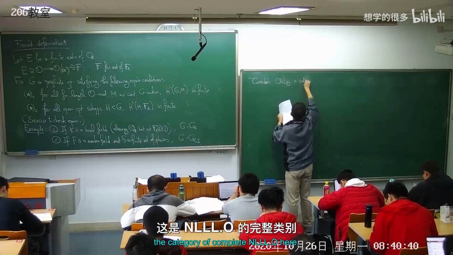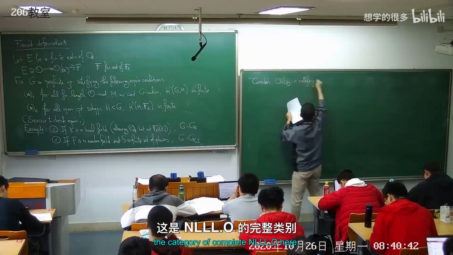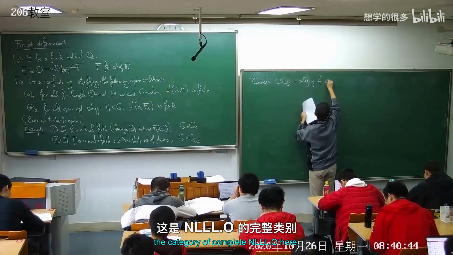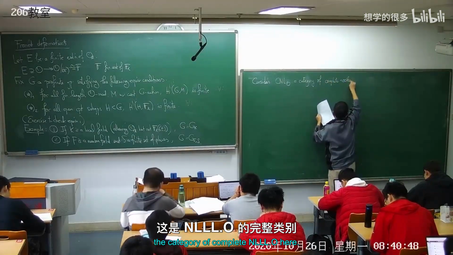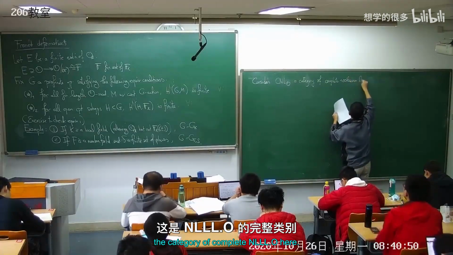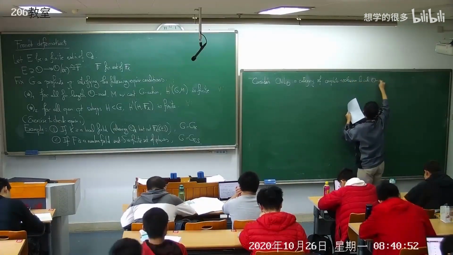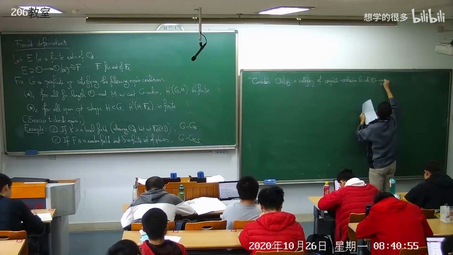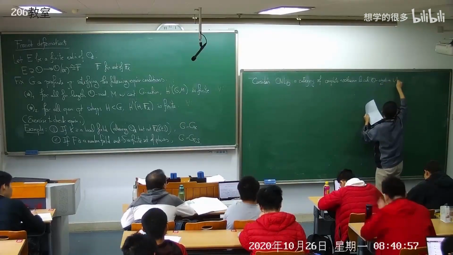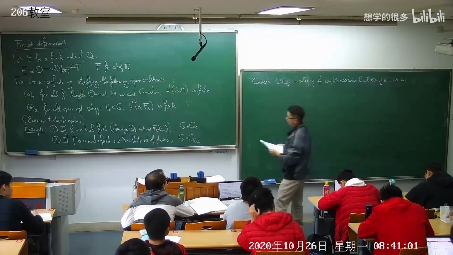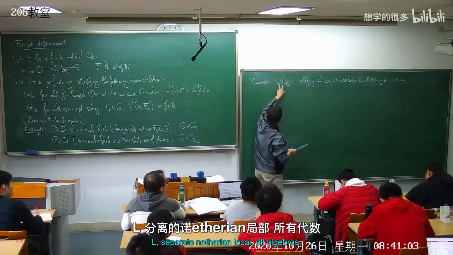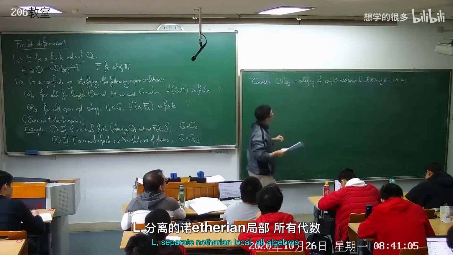This is the category of complete Noetherian local O-algebras. So CNL stands for complete Noetherian local O-algebras.